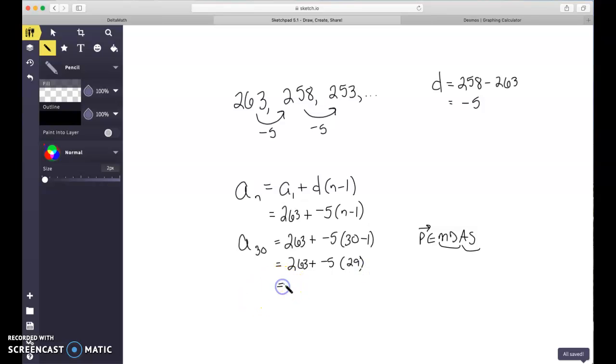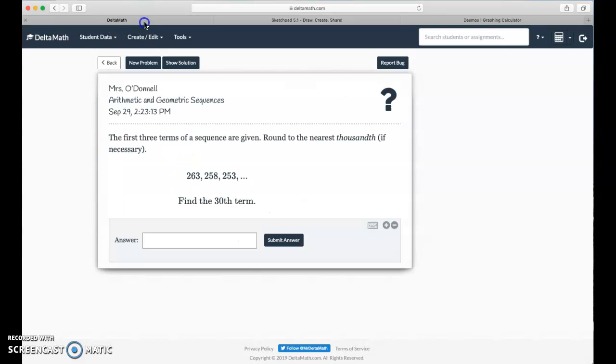I don't have any exponents, so next is multiplication and division. -5 times 29 gives me -145. Then addition and subtraction: 263 plus -145 gives me 118. So my 30th term should be 118.